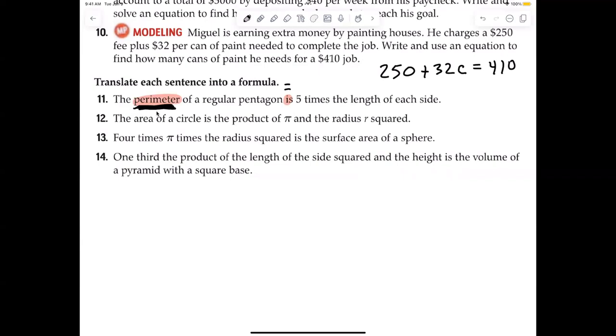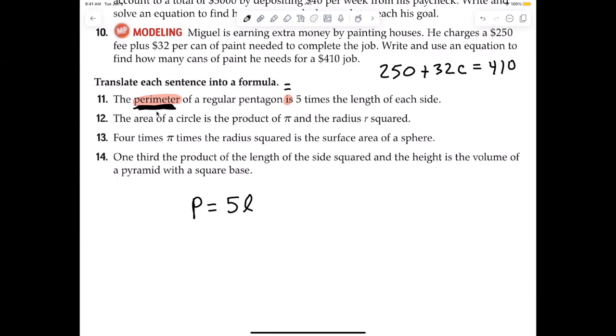We're specifically talking about the perimeter. You with me? So what letter would we want to use for perimeter? P equals what? Uh-huh. Yep. 5 times the length. Yes, I like length for length of each side. Could you use 5S for side? Yeah, you can use 5X. All right, it doesn't matter. All right, that was good.